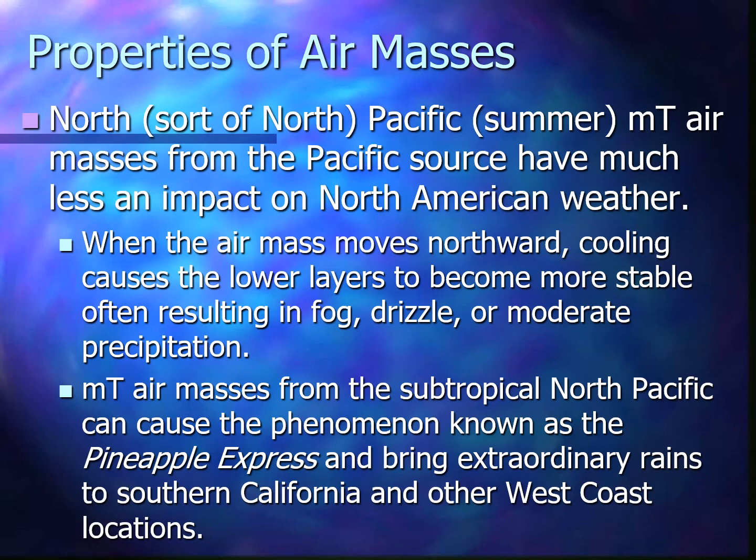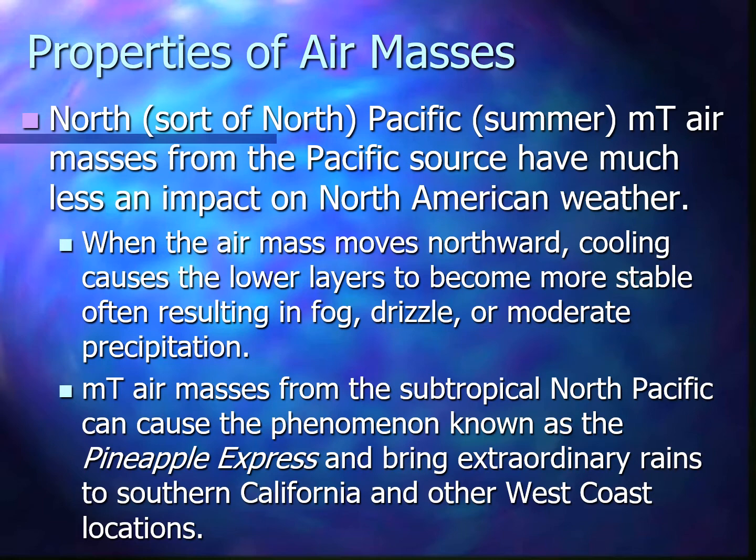Okay, so North Pacific maritime air. In the summer, these air masses have less of an impact on North American weather. And they're using North Pacific just to denote the North Basin of the Pacific, not saying you're at a high latitude in the Pacific.